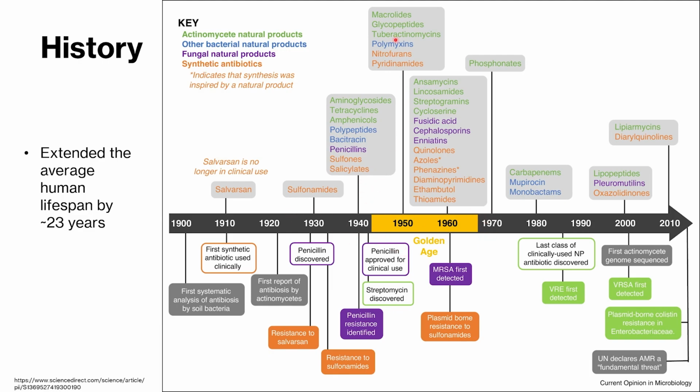And in that time, macrolides, polymyxins, nitrofurans, lincosamides, quinolones, so many drugs that we know and cherish today were created. It's amazing how many were made in that time. I find it very interesting that this is right at the end of World War II, right in the middle, right in the end. It's right in there, and the amount of innovation during that time was insane.